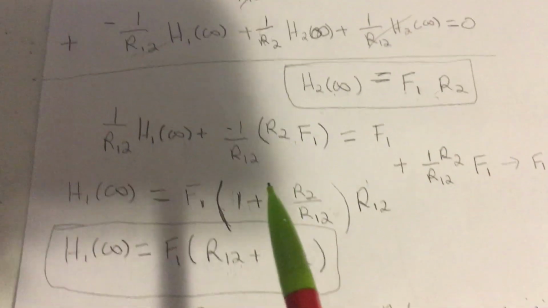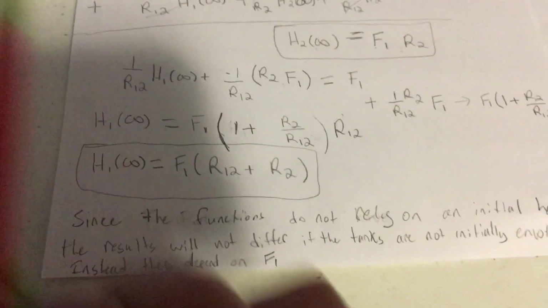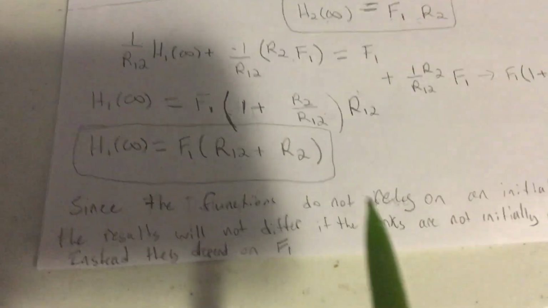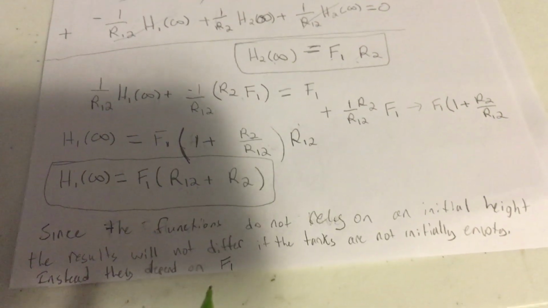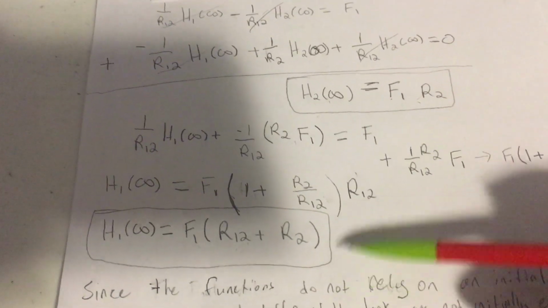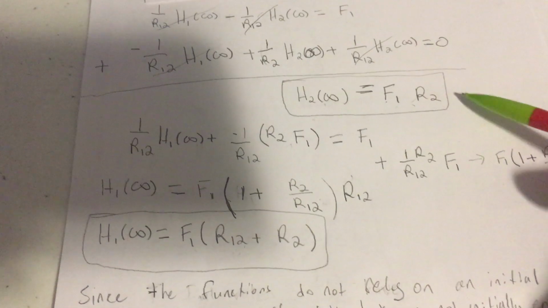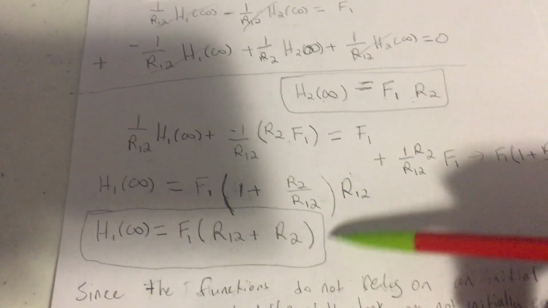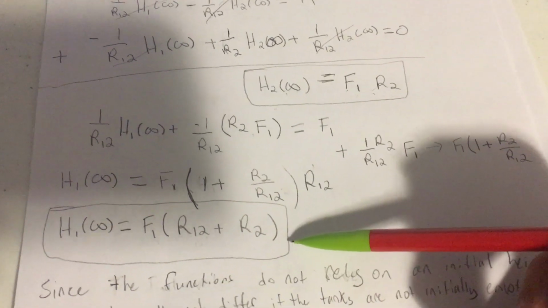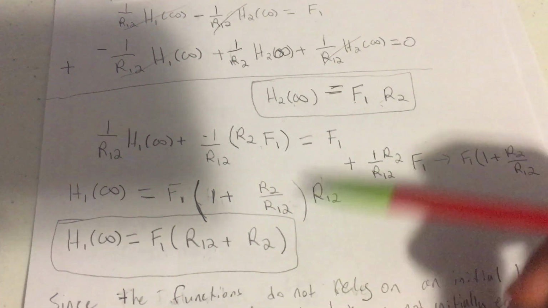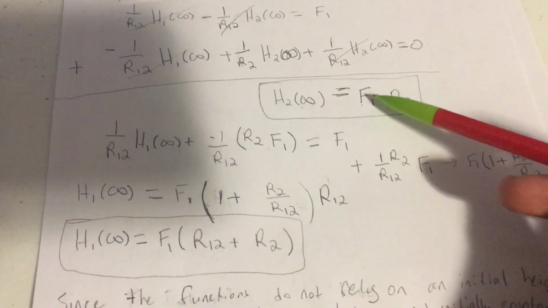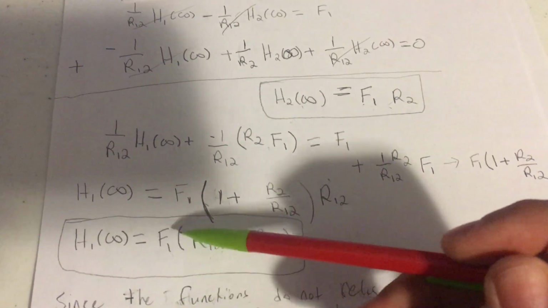Now, the last part they ask you is, do the initial values of the tank affect your results? And you can just look at these formulas and go, no, there is no initial value of a tank here, and there's no initial value of a tank here. So it doesn't matter. I don't care what heights were in the tank originally. This result is only dependent on the flow rate in. See that?